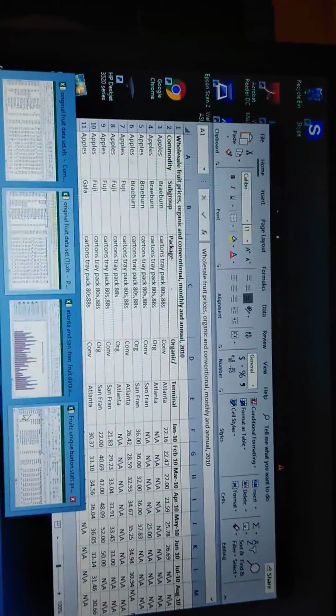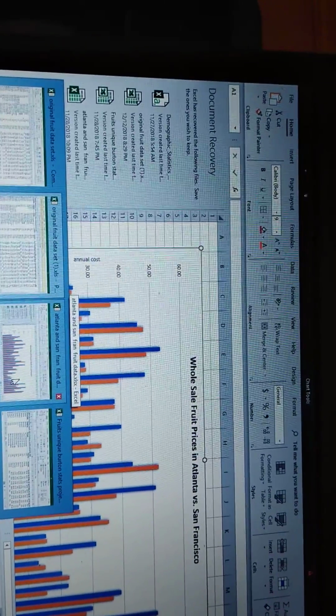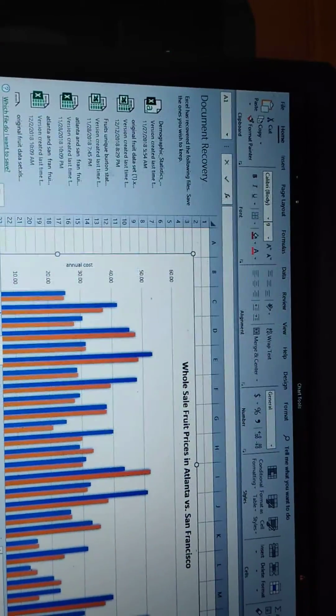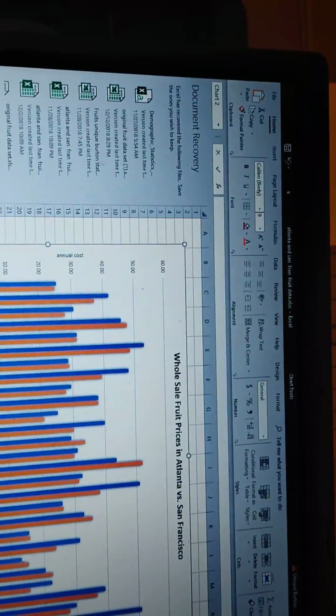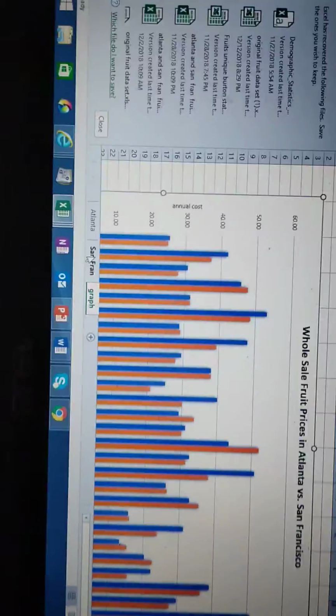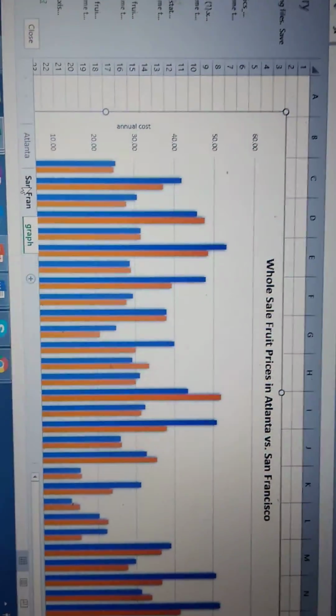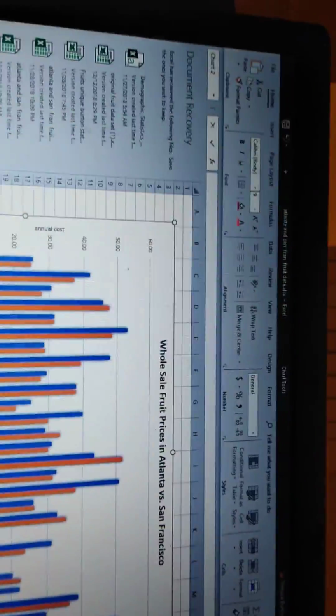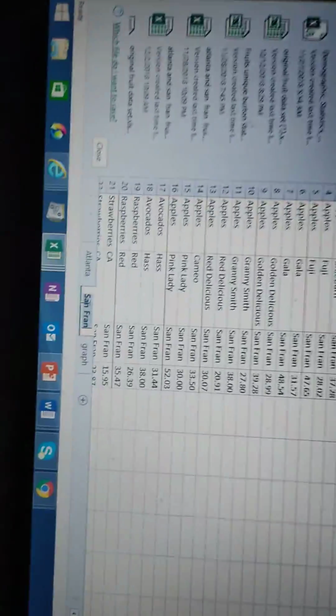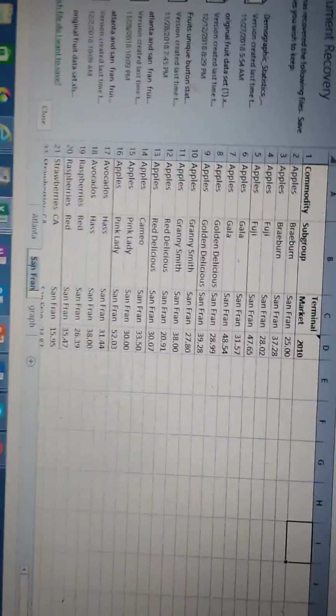with equal but separate values. San Francisco, I put in my L1 in my calculator, and Atlanta, I put in my L2. This comes up. Okay, so as you can see, San Francisco, fruit prices here.